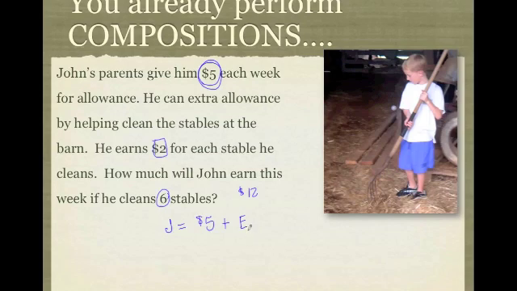Well, you figured out what E was by saying, E equals $2 times however many stables he cleans. Let's just call that X. So you actually did this computation and then put it in here to get your results. That's a composition of functions.